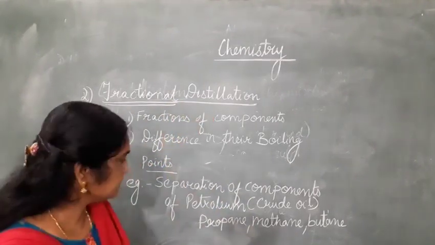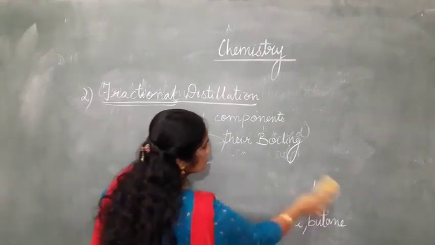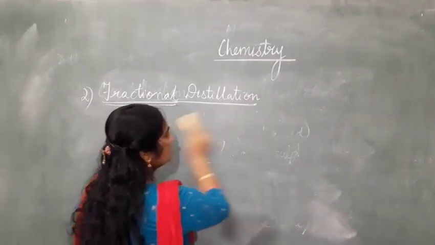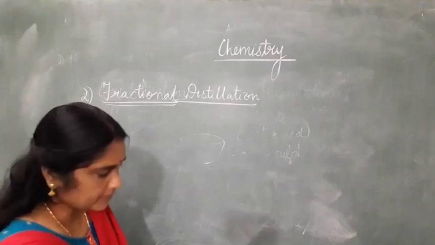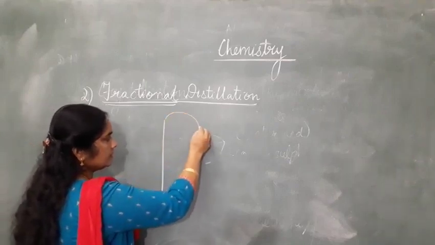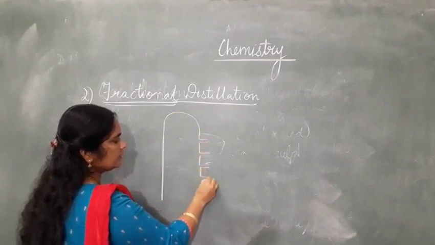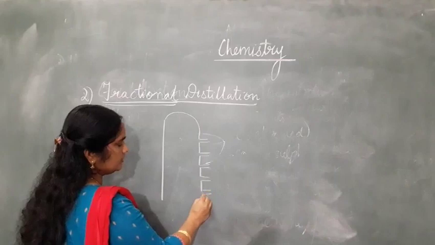In this method, a fractionating column is used, and the vapors of the different components of the petroleum are allowed to cool. The fractionating column will be there, and these are the outlets for the different components of the petroleum to be removed.